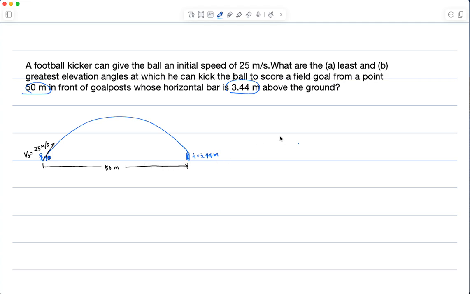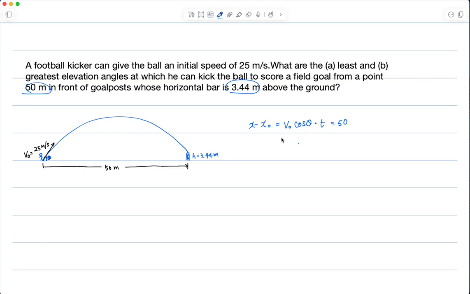I'm going to write x minus x0 equals the initial velocity multiplied by cosine theta, the horizontal or x component, multiplied by time, and that equals 50.